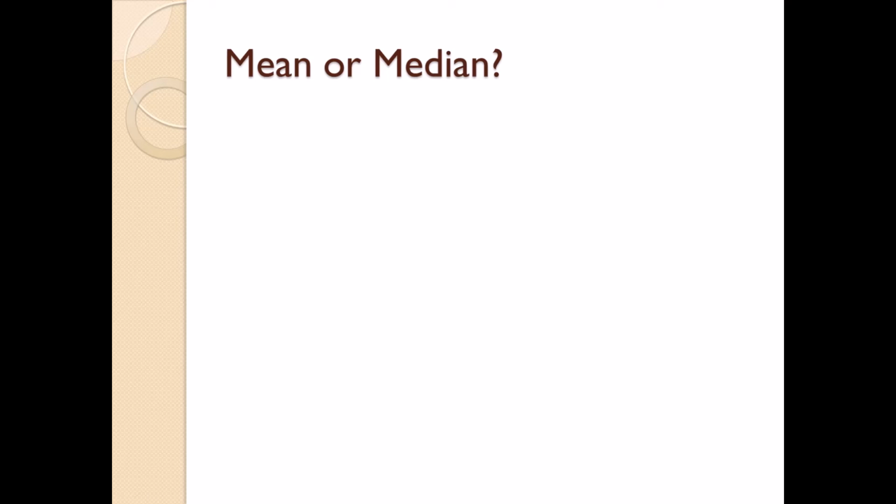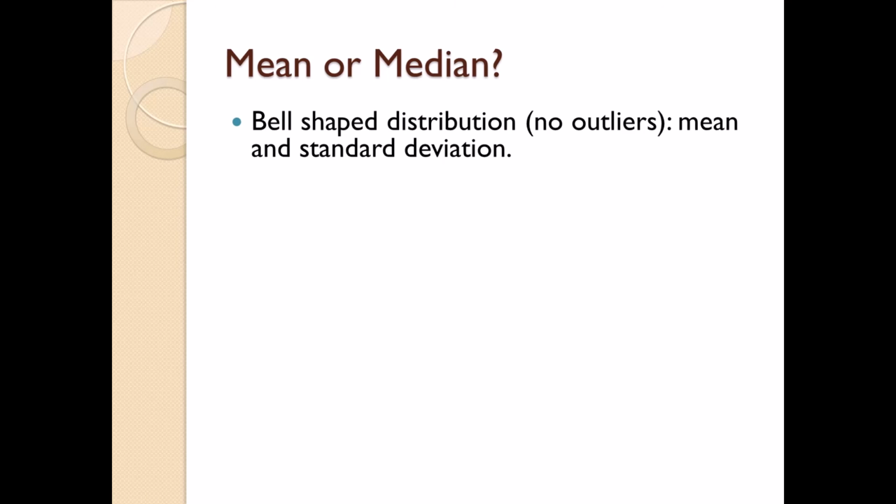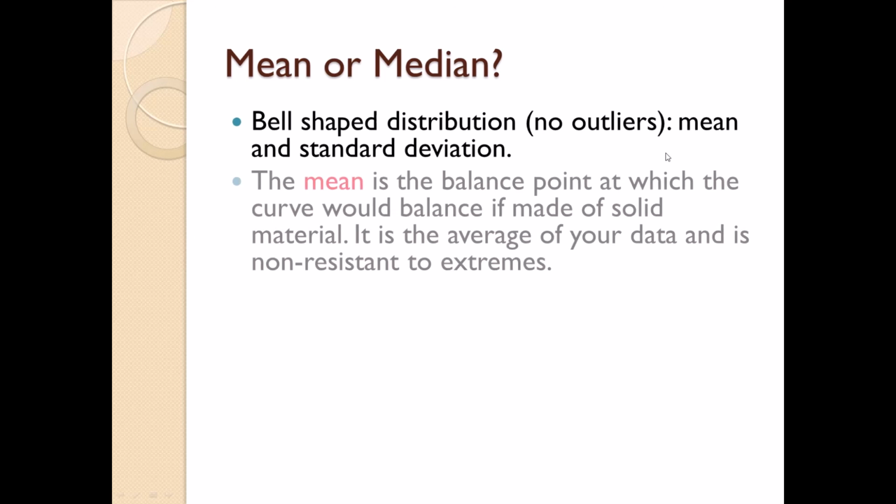So when do we use the mean or the median? If you have a bell-shaped distribution or possibly even one that's uniform, remember symmetric, your mean and your standard deviation would be good because you don't have any extremes, you wouldn't have any skews, no outliers. Mean and standard deviation is your best choice. Remember, your mean is the balance point.